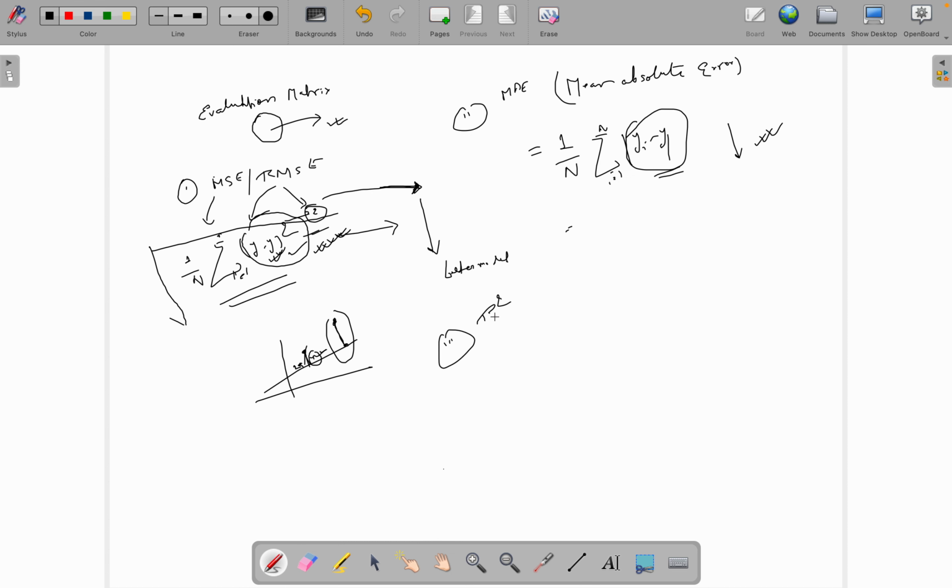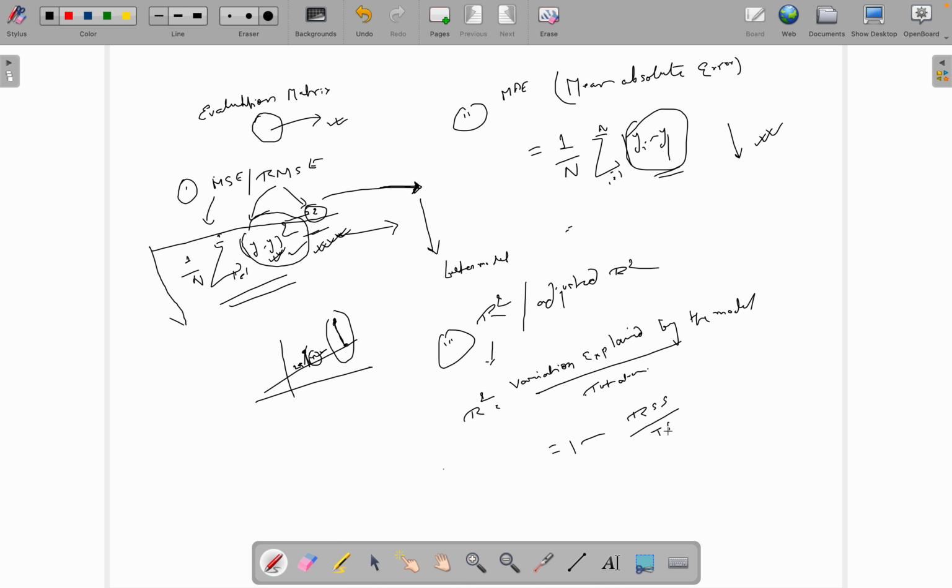So R square is the variation explained by the model divided by total variance, and the formula is 1 minus RSS divided by TSS.